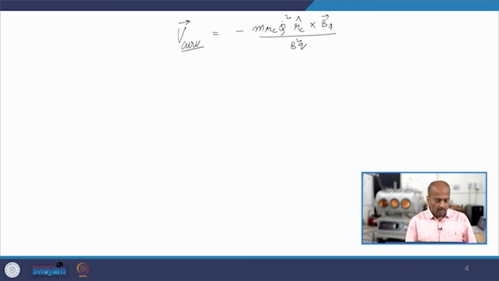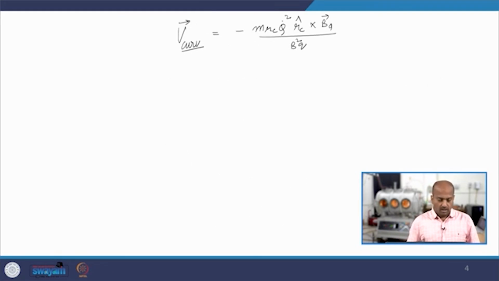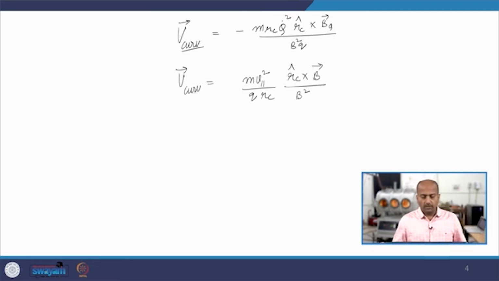Now, this velocity V phi is nothing but r phi dot, which can also be called the parallel velocity because it is along the phi direction, right. So, we can write V curvature is equal to m V parallel square by q RC times RC cap cross B by B square. This is V curvature, the curvature drift velocity.